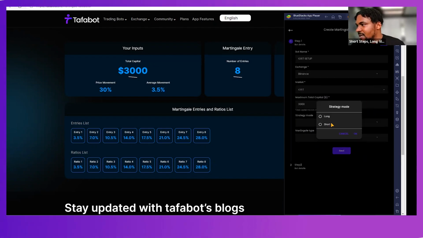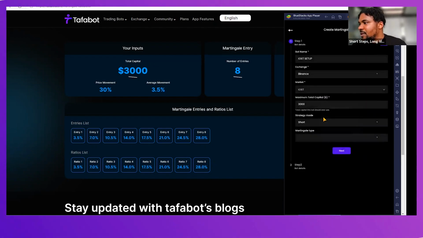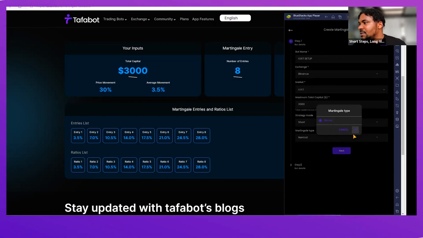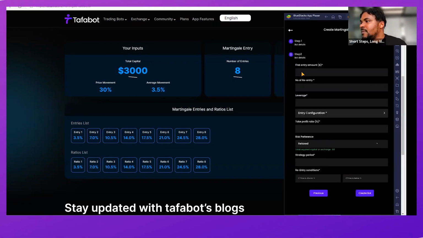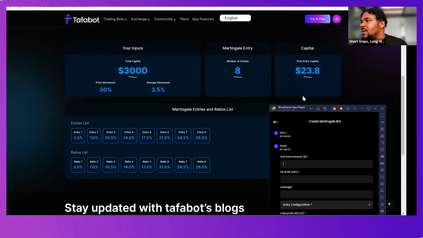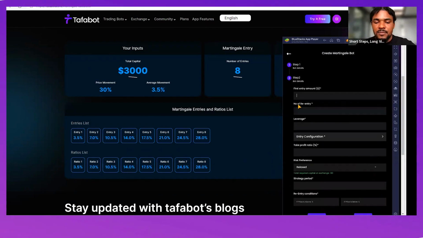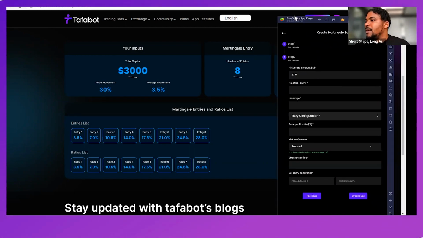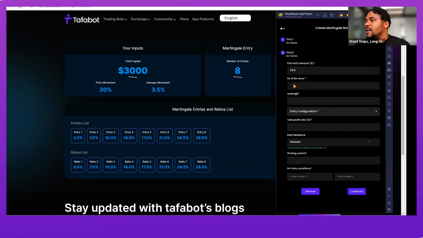This is to use a $3,000 maximum capital. I'm creating a short to where the market is going to. And then my first entry amount is 23.8. And my number of entries is 8.